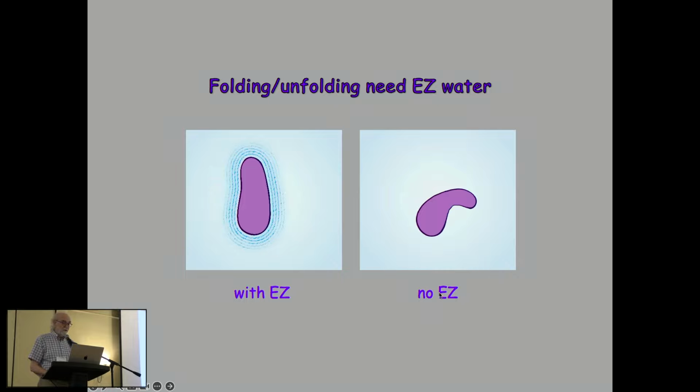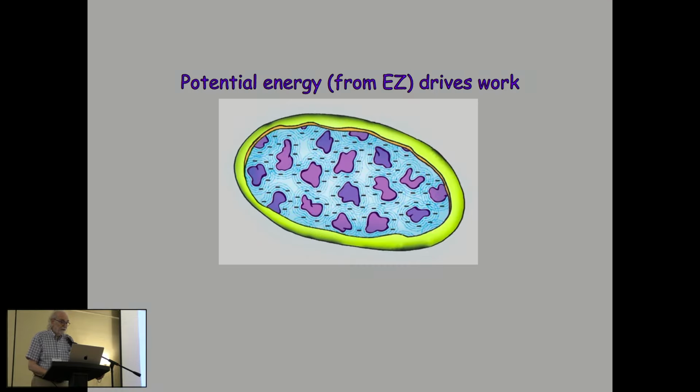On the other hand, if you don't have EZ water, and what I really mean is there's a deficiency of EZ water, then the cell is basically impotent. It can't do what it's doing, and the cell becomes dysfunctional or even pathological. So essentially, if you connect the dots, the potential energy from EZ drives work.